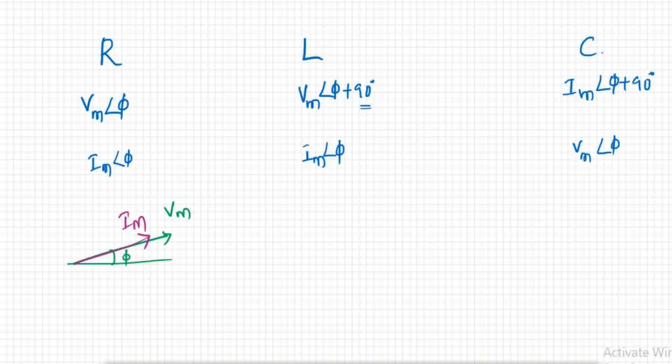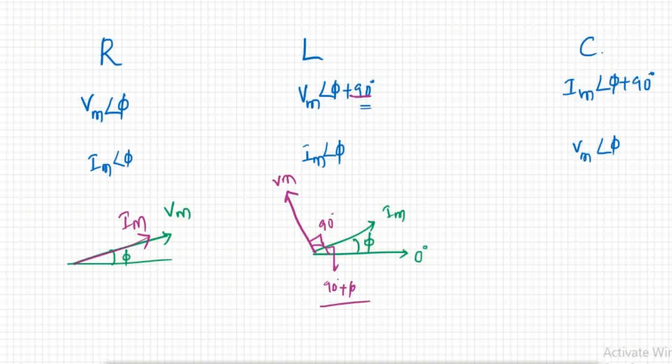But in case of an inductor, if we have a reference phasor like this, and let us consider Im at a phase angle of pi with respect to the reference phasor, the voltage has a 90 degrees leading characteristic. So this will be our Vm, which is 90 degrees away from the current and 90 plus pi away from the reference frame.